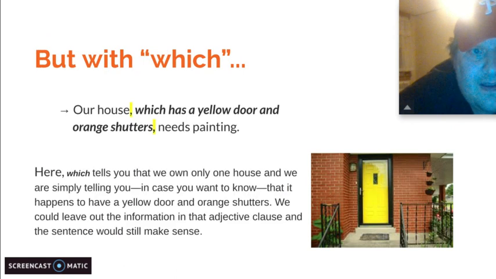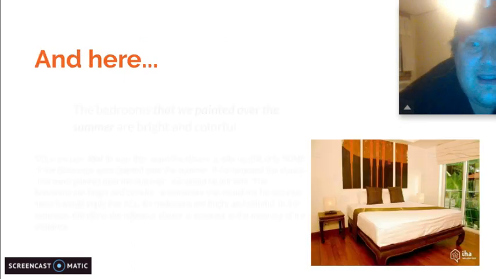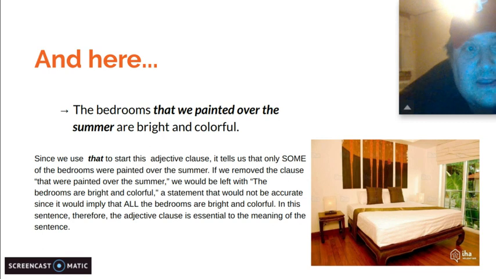But here, our house, which has a yellow door and orange shutters, this means that we only have one house and it needs painting. In case you didn't know, it has a yellow door and orange shutters. That's all. It's like saying, by the way, it has a yellow door and orange shutters, which means it's not really that important.